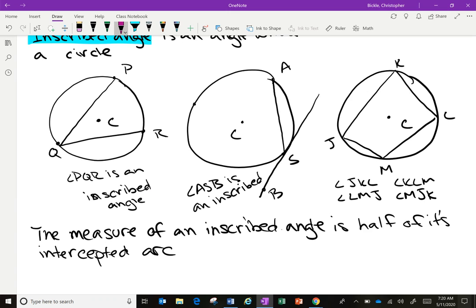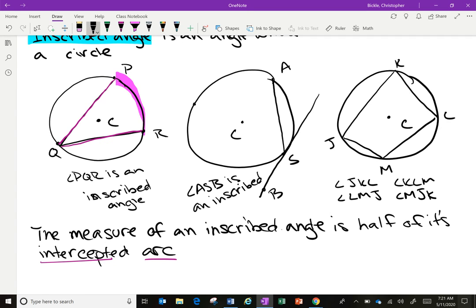If I look at this angle up here and we look at this one we drew, I've got this angle and I'm going to go over it in purple. I've got PQR here. So PQR is an inscribed angle. Its intercepted arc is the arc on the outside of the circle that goes along with that angle. So this arc PR goes with the inscribed angle PQR.